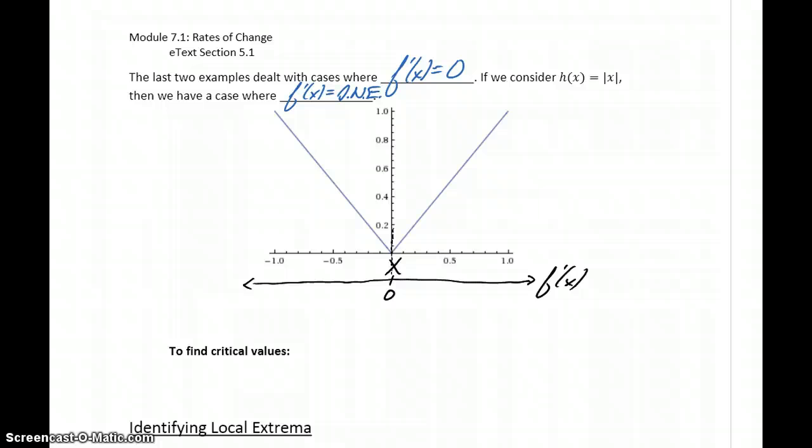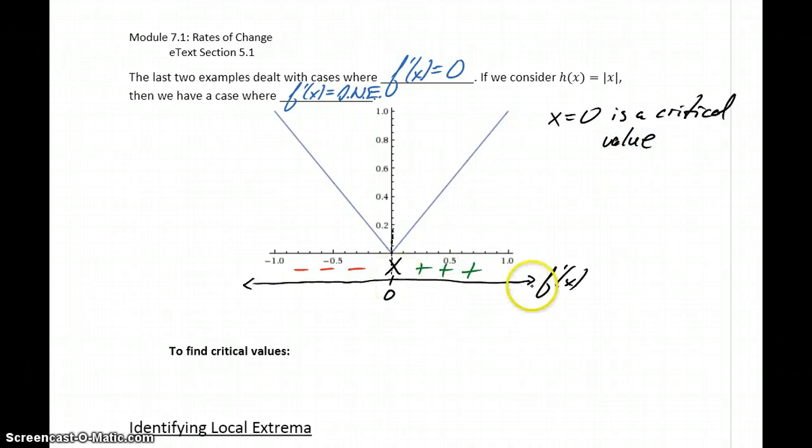And then we can look at the behavior of our graph on either side of that critical value. In this case, as we start with negative infinity and approach 0, our function is decreasing. And then from 0 to infinity, our function is increasing. So here, x equals 0 is a critical value, because the first derivative at that point is undefined or does not exist.